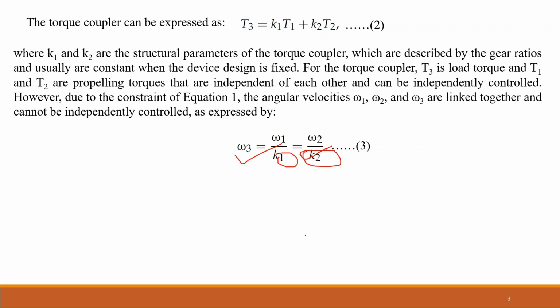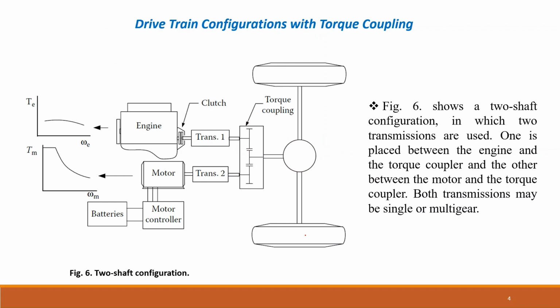Now we move on to the different configurations that we can have for a parallel hybrid drivetrain with torque coupling. This is the drivetrain configuration with torque coupling. The first one, in this figure, is known as the two shaft configuration.